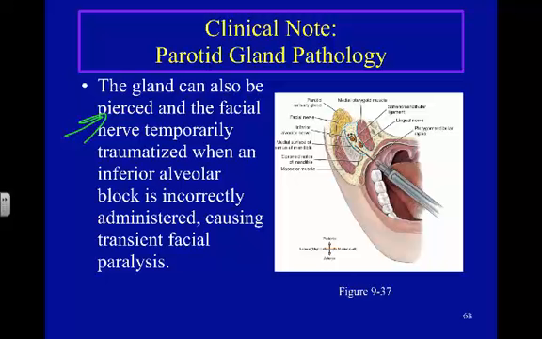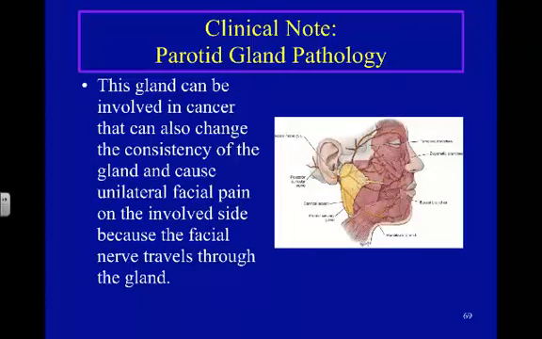Well, when you penetrate the parotid gland, very simply, you can damage the facial nerve. So if you do an inferior alveolar injection and give it incorrectly, you can cause facial paralysis. Remember, the nerve just passes through, is really what we see.